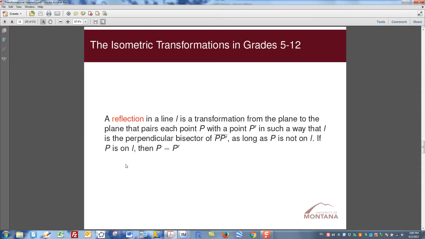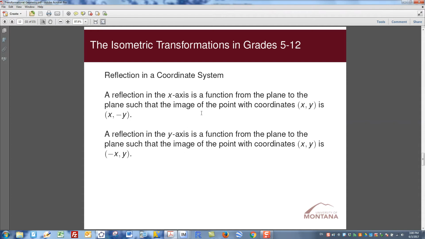Now that's true as long as there is such a segment, and of course we found out in the activity that there are some that do not have a segment, and that's when P is on L. If P is on L, then we say that P and P prime are coincident, they're the same point.